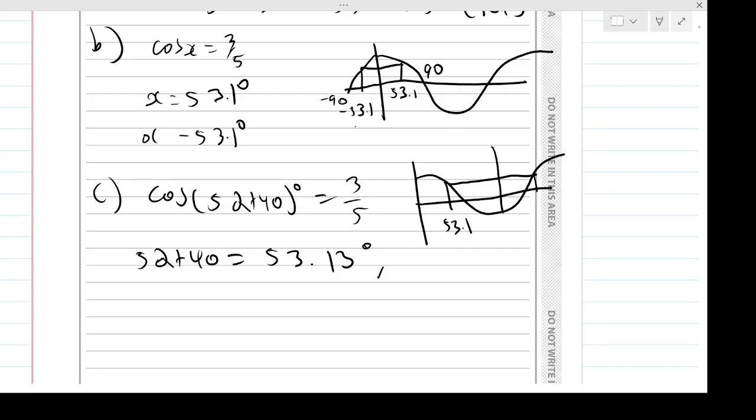It's symmetrical in the middle, so the gap from 0 to 53.1 is the same distance from this next solution to the other end at 360.